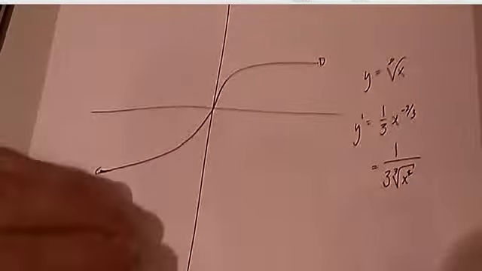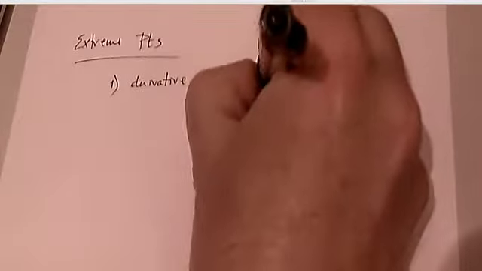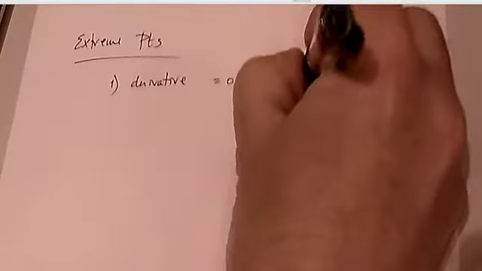Okay? So our principle actually winds up being rather straightforward. It just has two aspects to it. So, extreme points for a function have two parts. One, where the derivative is either equal to 0 or undefined.